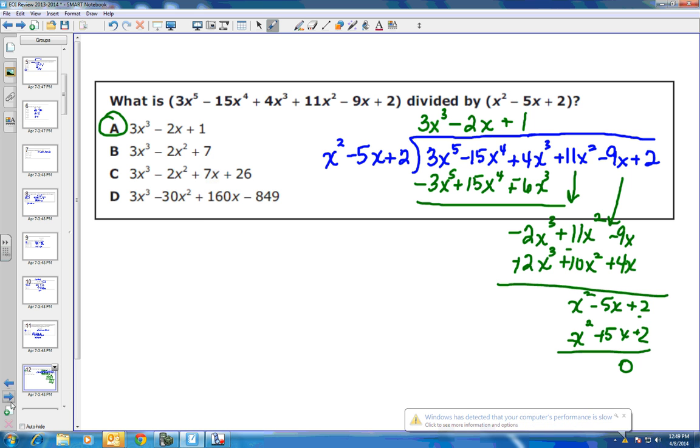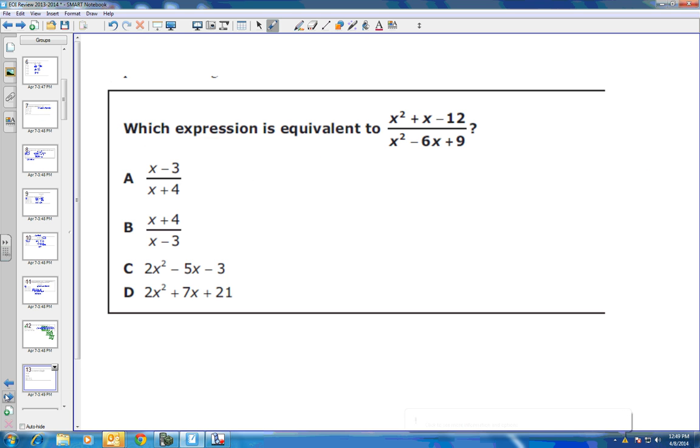Okay, we are timing this perfectly. This is the last one because this is the last one I did with my first hour. All right, so which expression is equivalent to? Now here's the deal. You have to be very careful. How come I just can't say, all right, x squared and x squared, those cancel out? How come you can't do that? Because they're being added and subtracted.